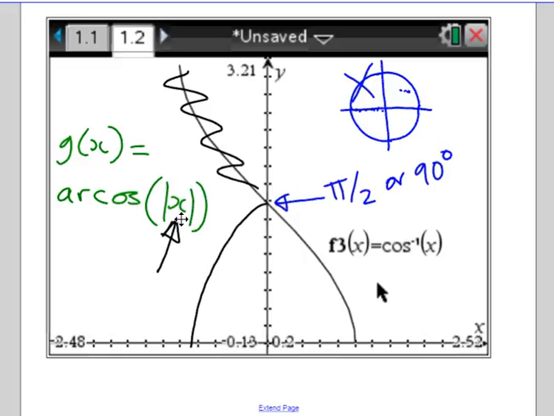Any function where you compose the function with the absolute value function takes this part and reflects it in the y-axis to give this part. Therefore, the range of arc cos of the absolute value of x is 0 to pi over 2, or 90 degrees. That's why it guarantees the acute angle.